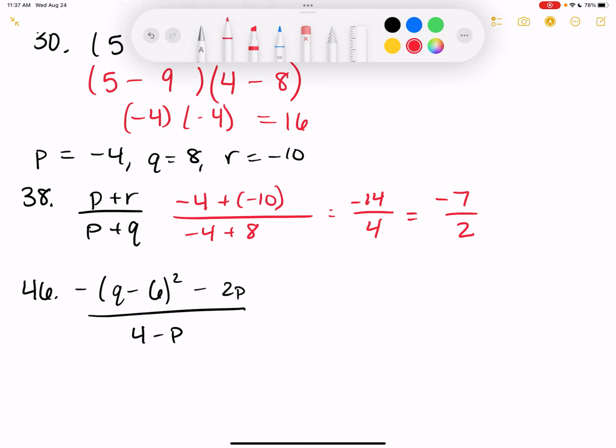All right, so we're plugging the same numbers in here. So we have negative, and then 8 minus 6 squared minus 1/2 times 2 times -4 over 4 minus -4.